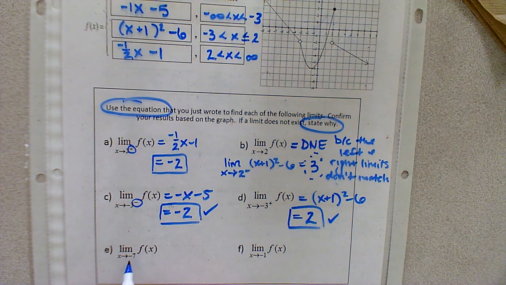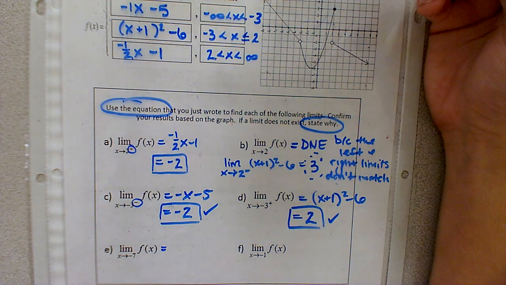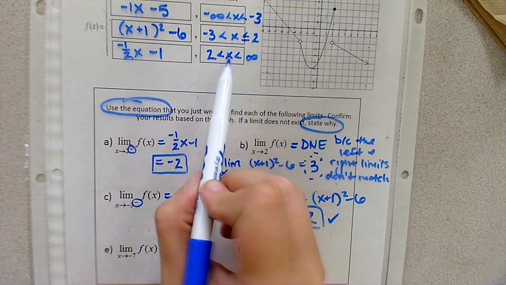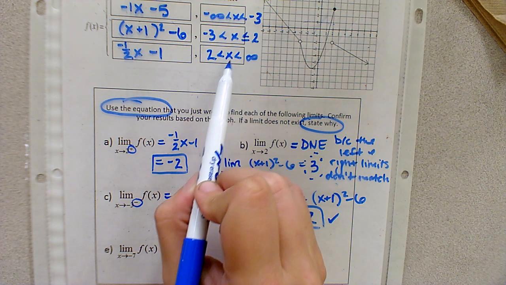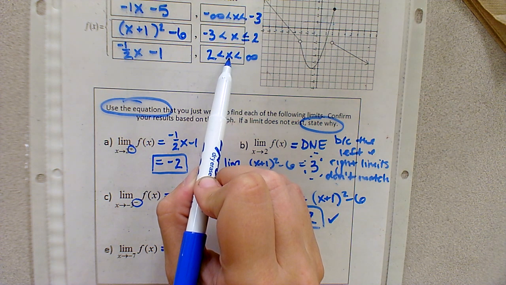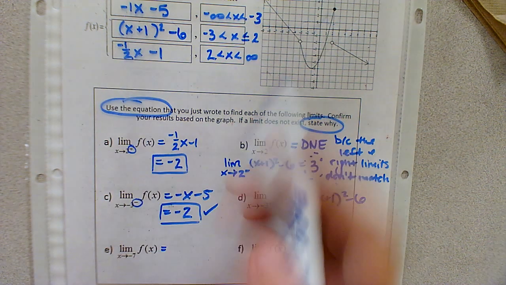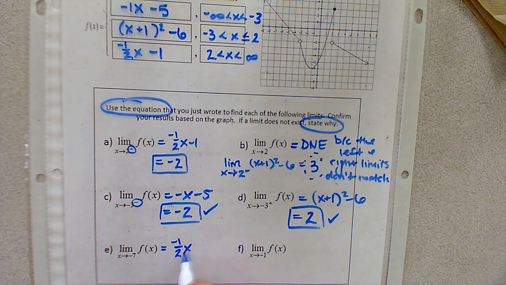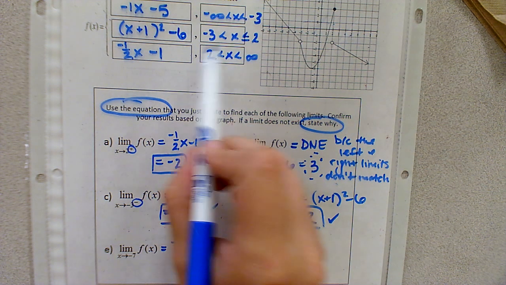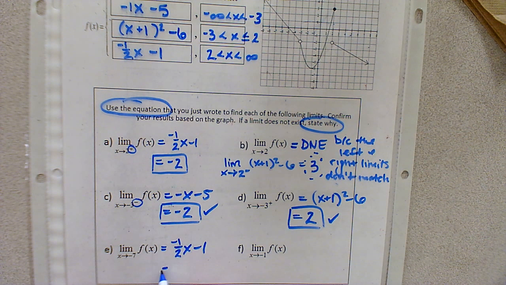Looking at -7, notice how this is an overall limit, so we want to make sure we come in from the left and the right. -7 would actually fall within this constraint, and notice how this constraint or domain also includes values to the left and right of -7. So we really only have to test this equation since -7 is completely found within that constraint.